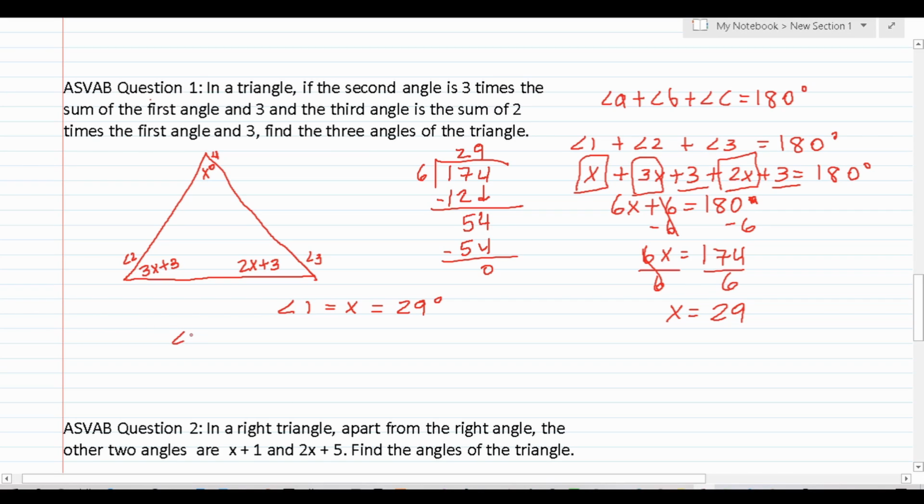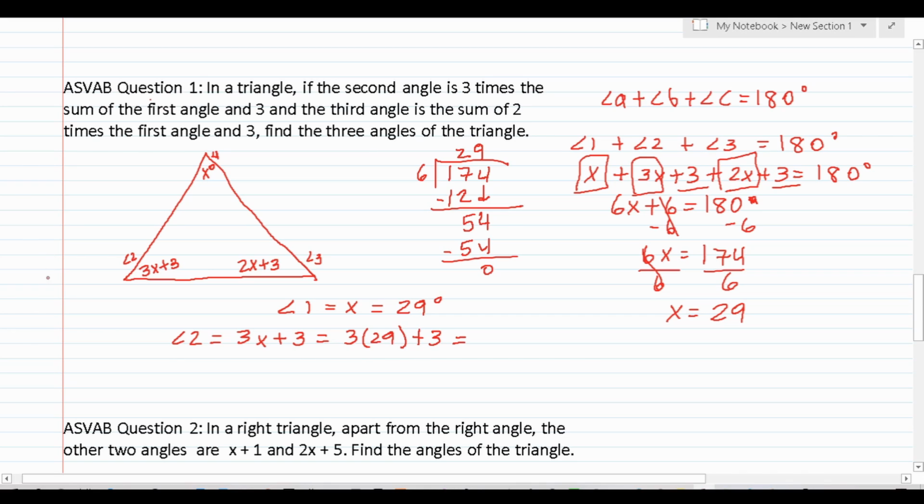Similarly, at the beginning of this problem, I said angle 2 corresponded to 3x plus 3. Now that we have our x value, we can substitute that in here to find out what angle 2's measurement is. So that's going to be 3 times 29 plus 3.